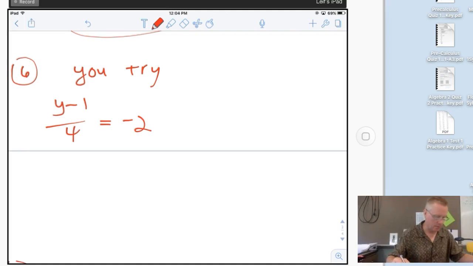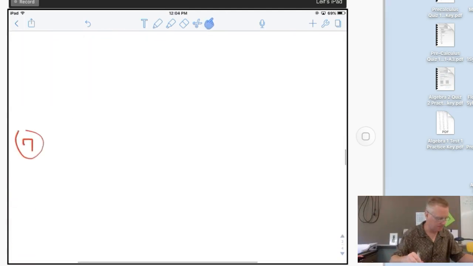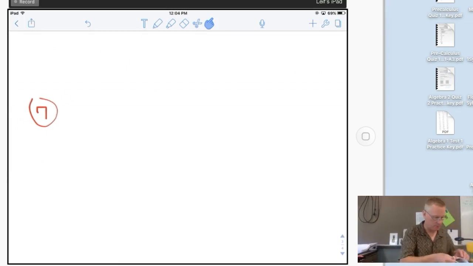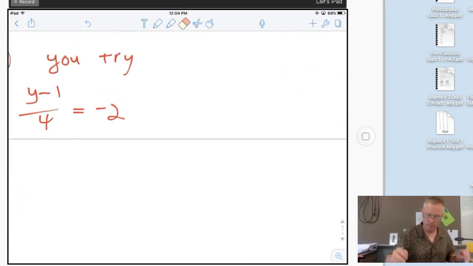In case, I'll give you one of these answers. That one should be negative 6 if you did it out correctly. Oops. Nope, that shouldn't be negative 6. My bad. Should be negative 7. That's what the answer should be.